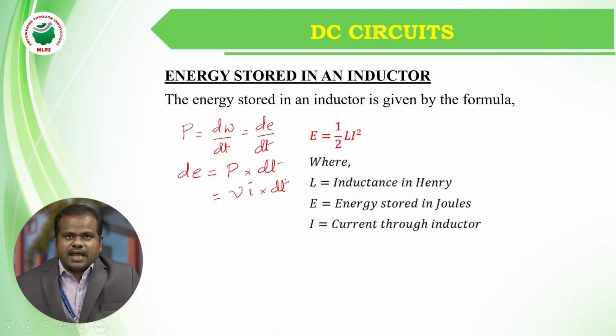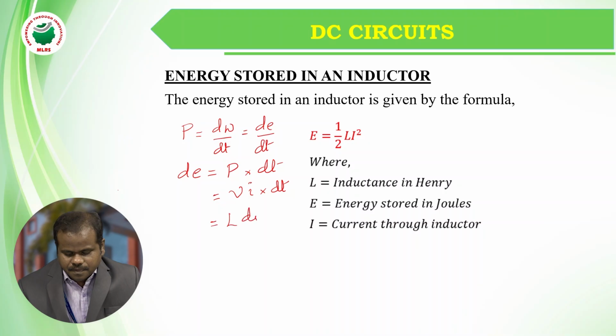Next, as seen before, the voltage across an inductor is given by L into dI by dt, into I into dt. So from this, we can write the change in energy as dE is equal to L into I into dI.